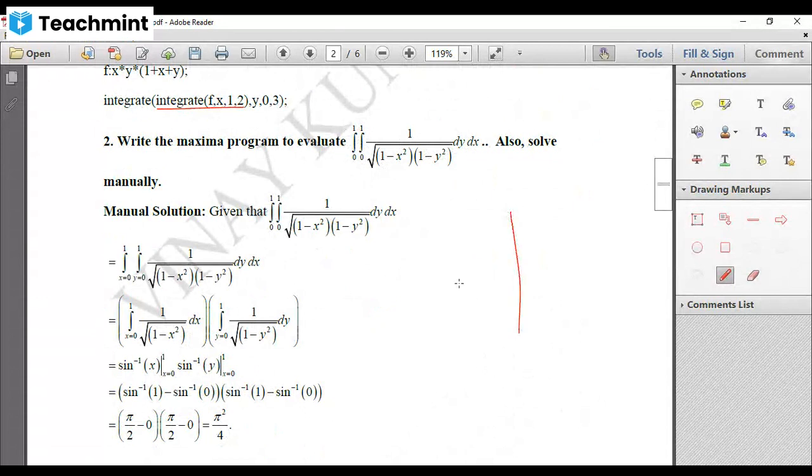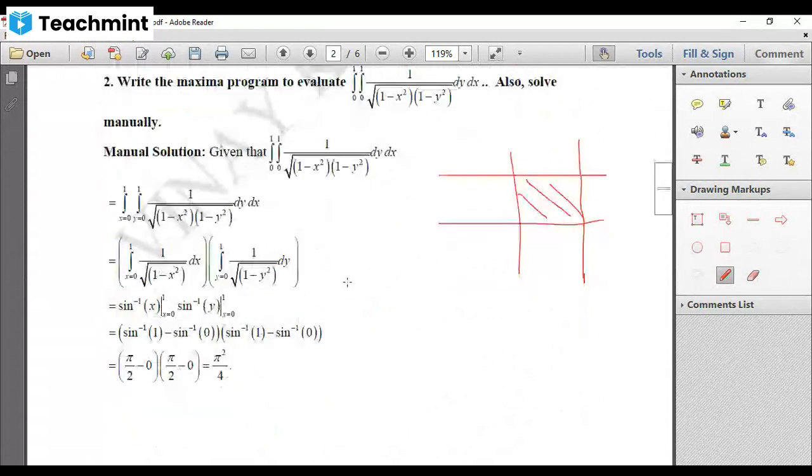That means you are having two lines, y equal to 0 to 1. Y is 0 here. Y equal to 1 means a line parallel to this. X equal to 0 is y axis and x equal to 1 is another line here. So this region is your D. Over this region we have to integrate this, right?